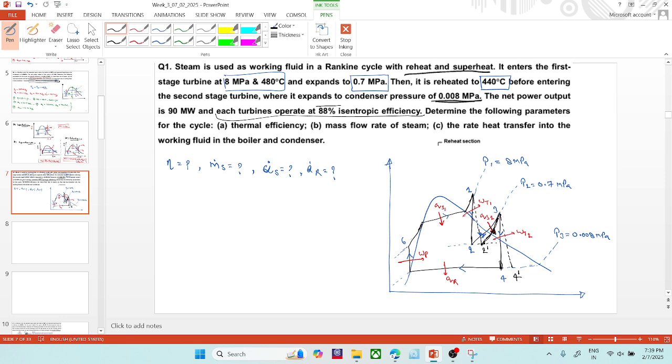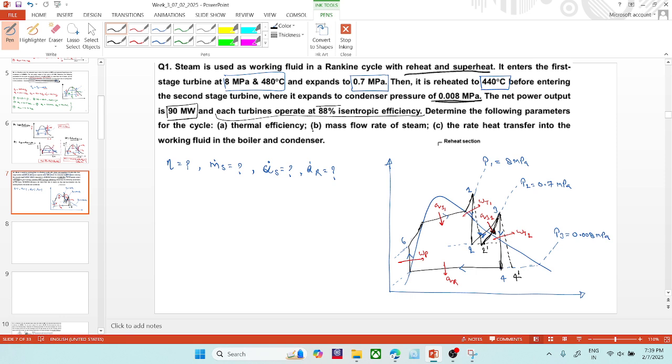Okay, so process 2 to 3 would be like this. Let me write all the values there only. So what are the things they have given?